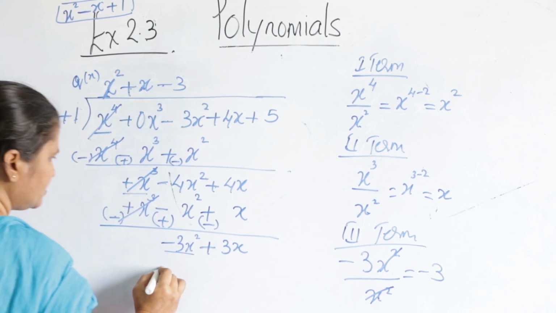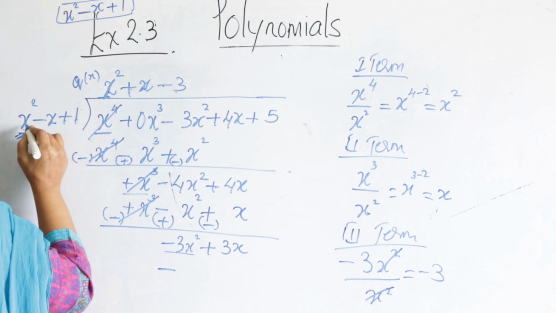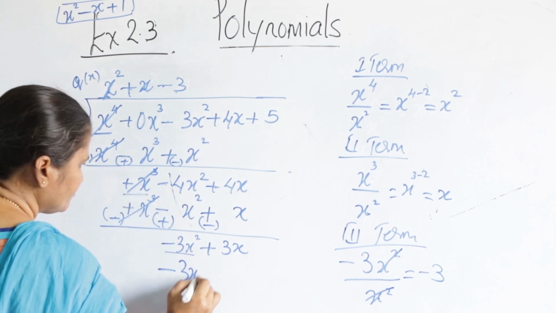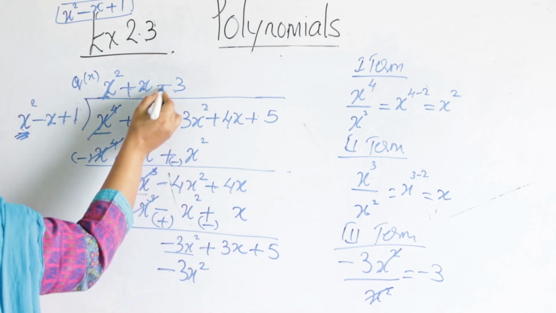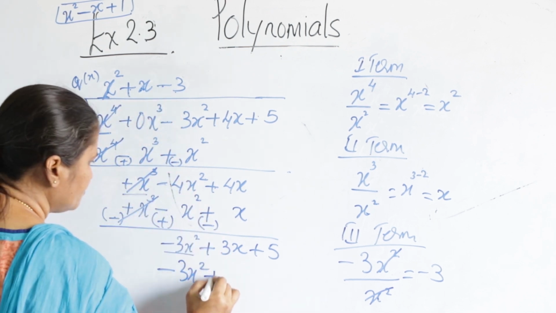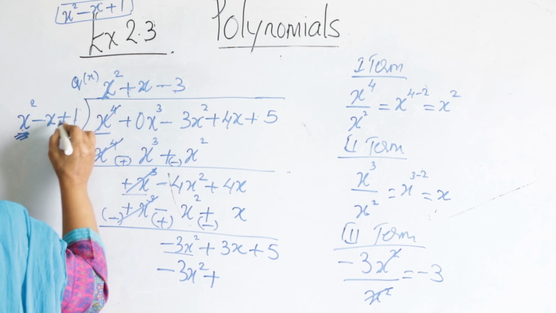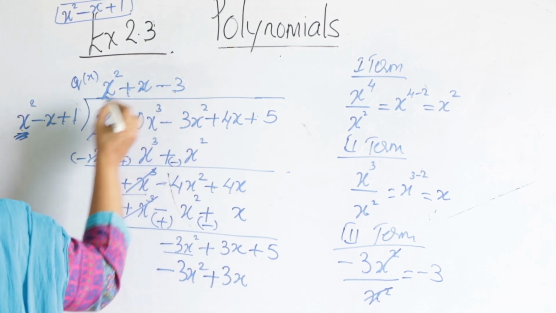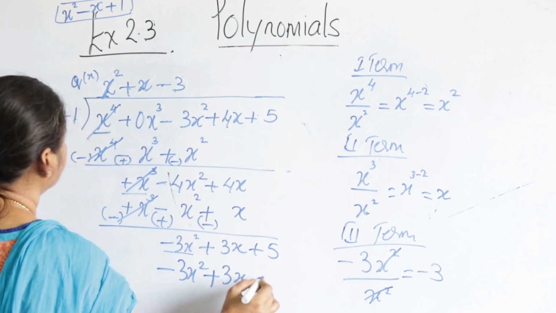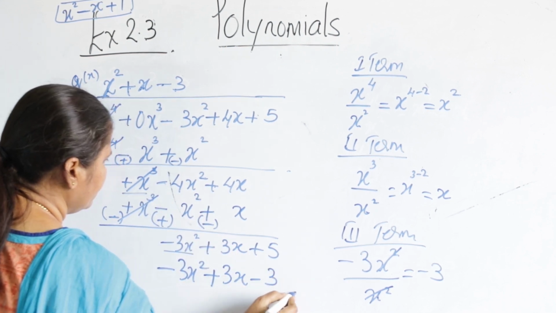Minus into plus, minus. 3 times x square, 3x square. Let's bring this down. Minus into minus, plus. 3 times x, 3x. Minus into plus, minus. This is 3.